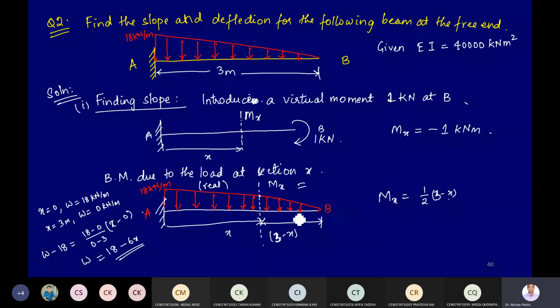So half base into height. Height is, so you pull out 6. This is the load multiplied by 1 by 3 times, because I have to take moment at this point, and the centroidal axis will be here. So it is 1 by 3 times the length, 3 minus X. So you pull out 6 common.